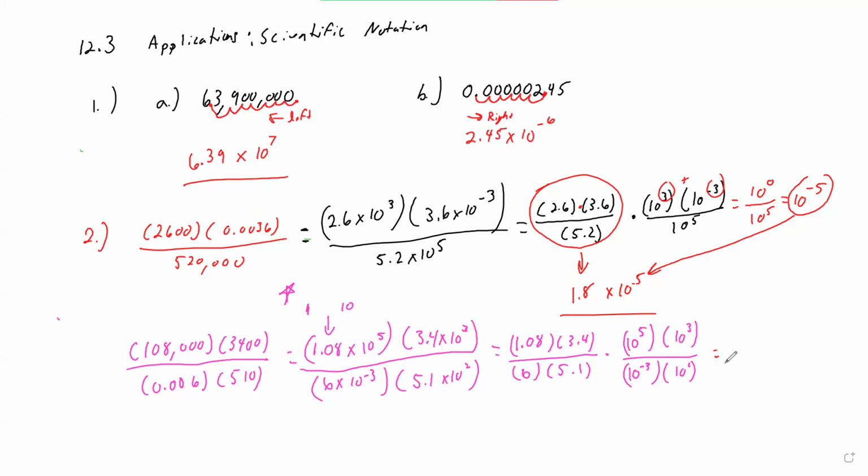All right. So now let's apply our exponent rules when it comes to these 10s. So what am I going to do to the top part? So 5 plus 3 would give me 8. And then do the same thing to the bottom here. We have -3 plus 2, -1.